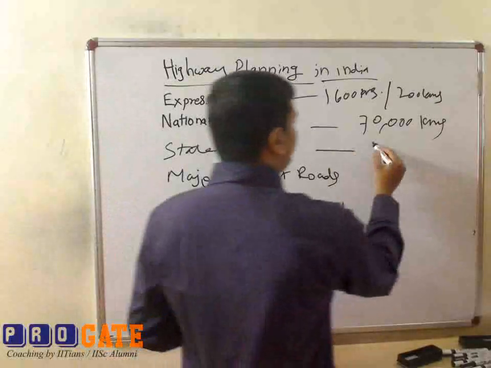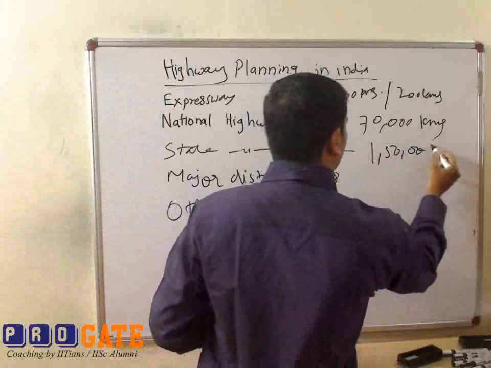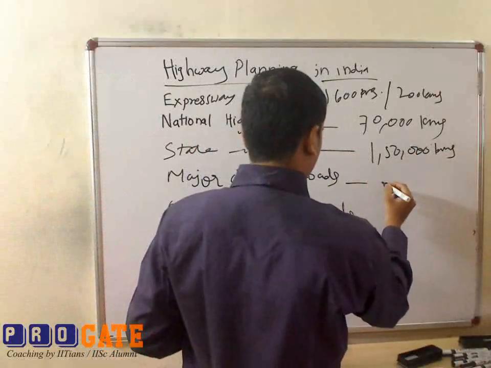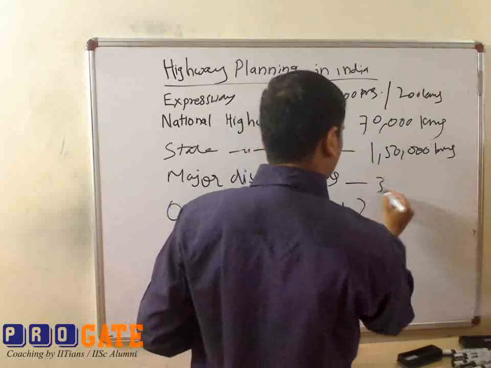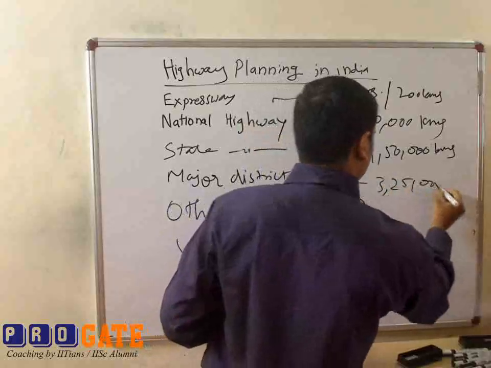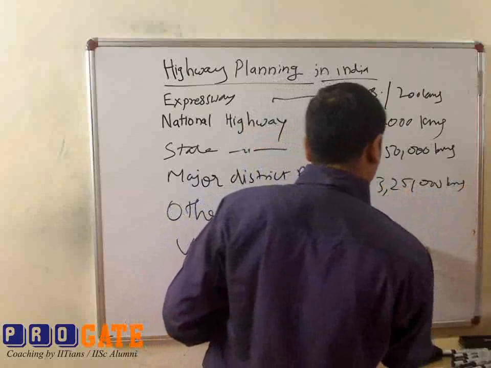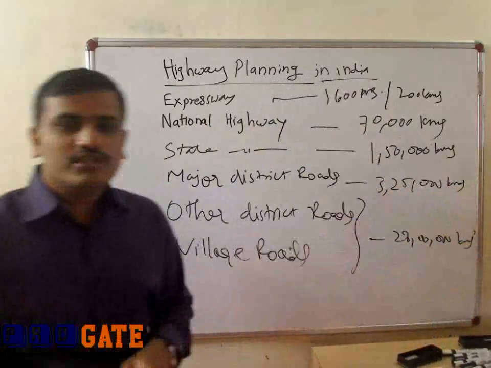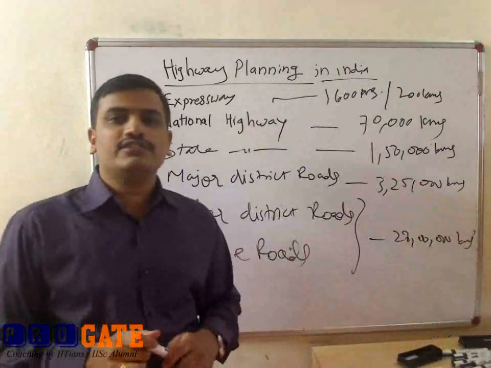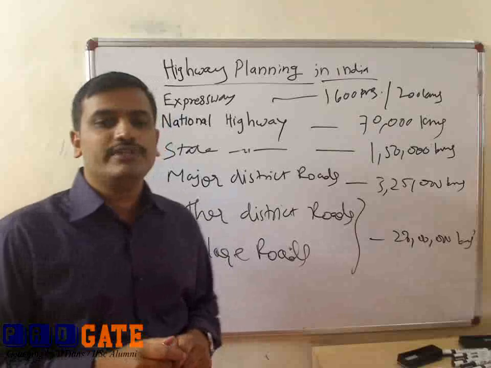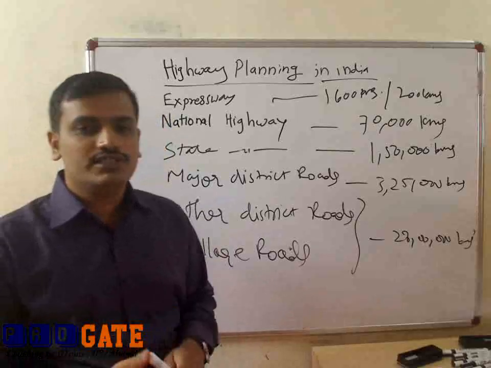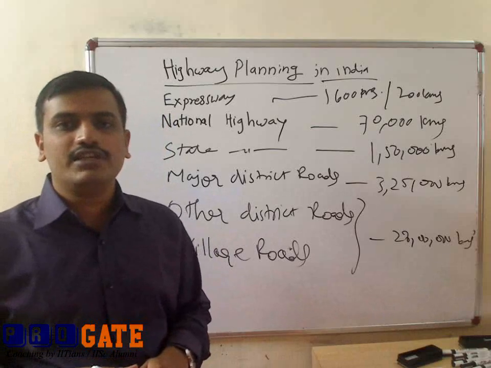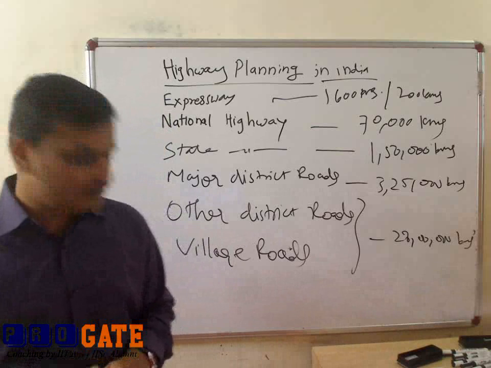State highways have 150,000 kilometers of length. Major district roads are 3,25,000, and the other district and village roads are 28 lakhs. So India has around 33 lakh kilometers of road in total.